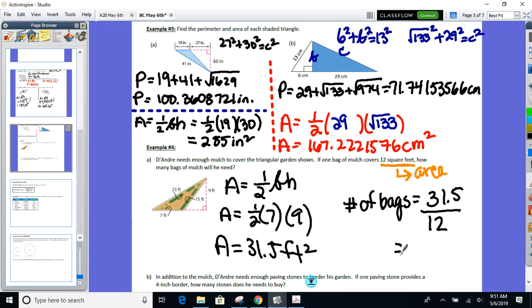Now here's where the common sense radar has to go off. Let me put this in real life, okay? I don't know if anybody's ever been to Lowe's or Home Depot or Hewitt's or whatever stores sell mulch. I walk in, and whoever is helping me, I go, yes, can you please help me? I need 2.625 bags of mulch. They're going to laugh at me.